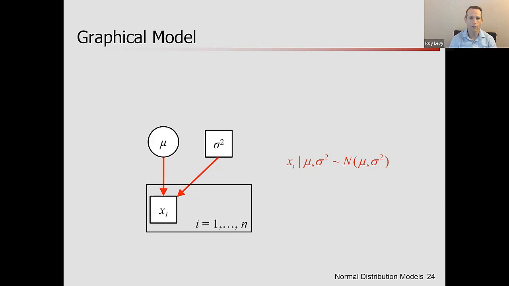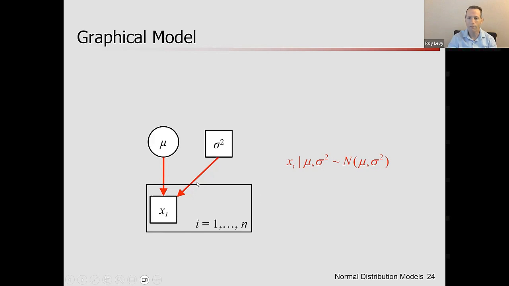I've written mu in a circle to indicate that it is an unknown entity. That's the unknown parameter that I'd like inference about. The arrows here indicate that x depends on mu and sigma squared.